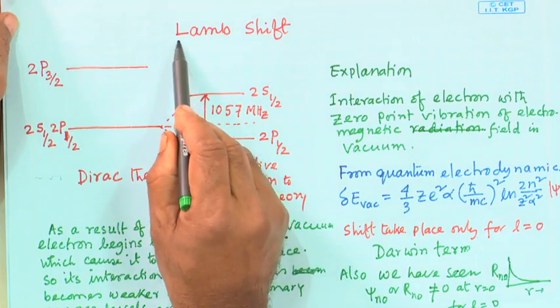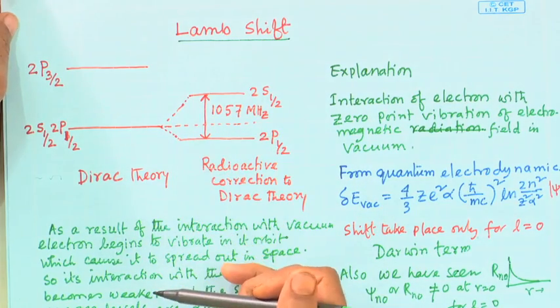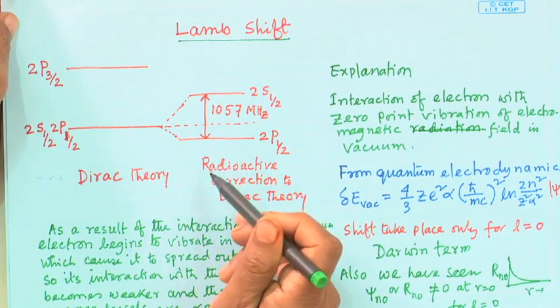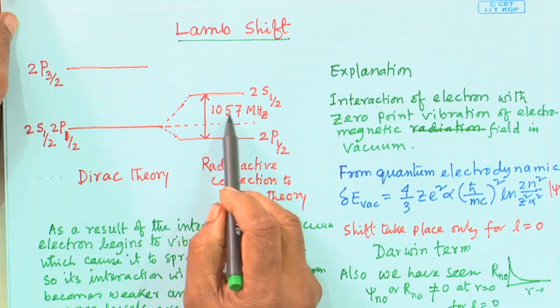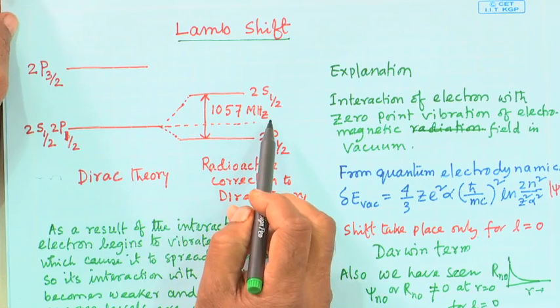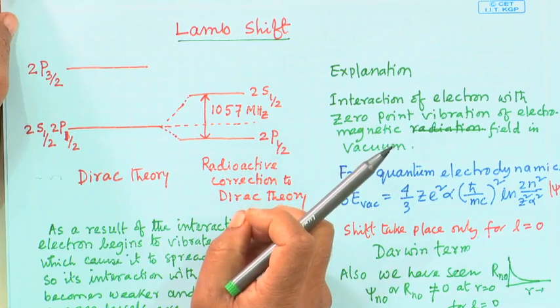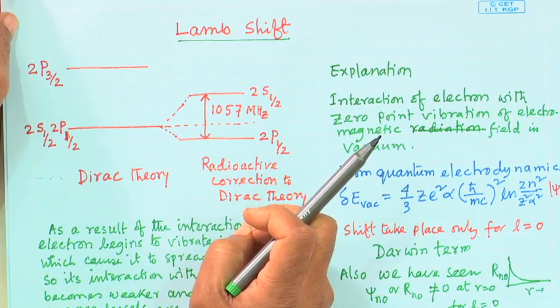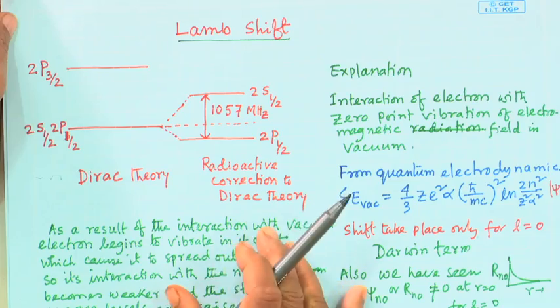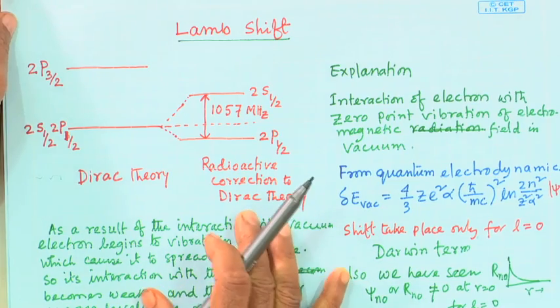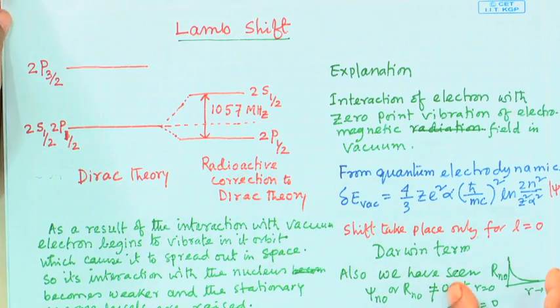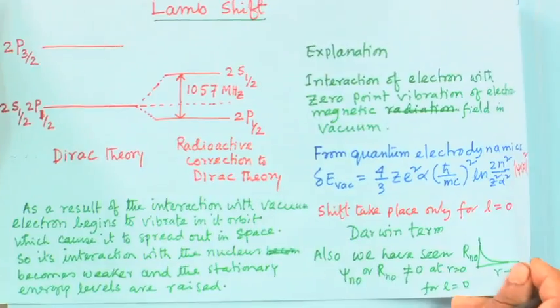That shift is the Lamb shift, and this separation is very small, it is 1057 megahertz. It is a very small frequency, and the explanation of this is slightly difficult for you, but this is the experimental fact.